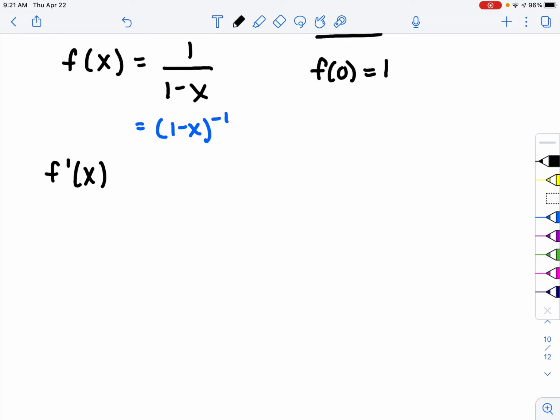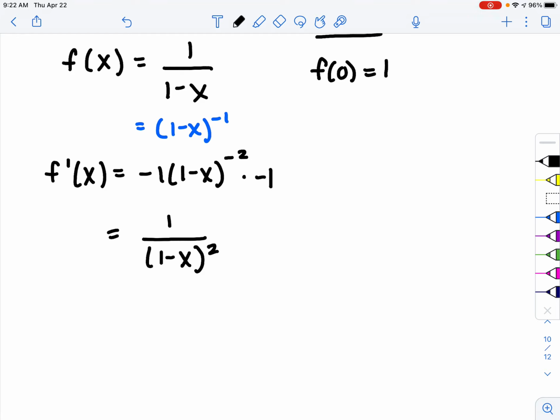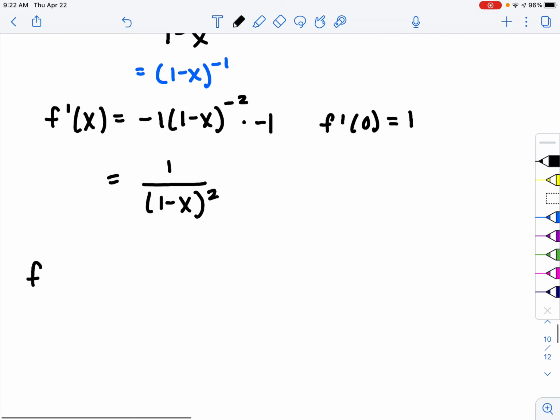So f prime, using our power rule, we get negative 1 times 1 minus x to the negative 2 times the derivative of the inside. Those negatives are going to cancel out, so I'm going to get 1 over 1 minus x squared. My first derivative at 0 is also going to be 1. So I have my first 2 non-zero terms ready to go.